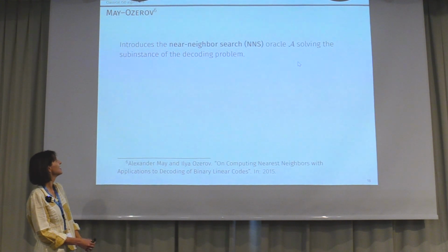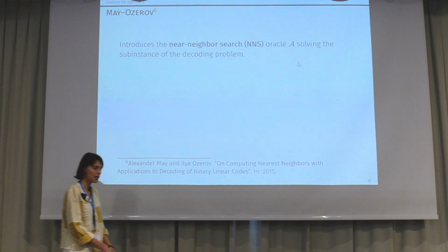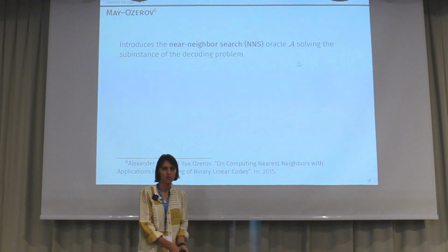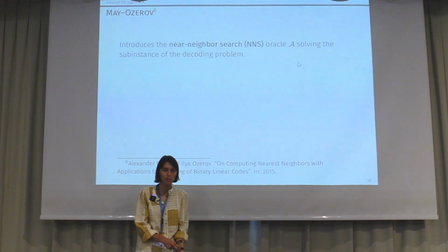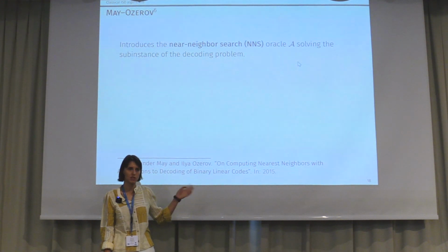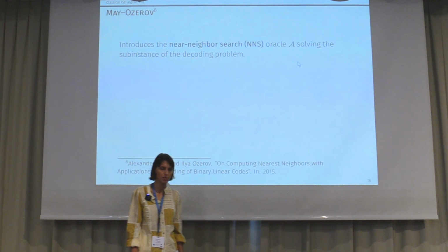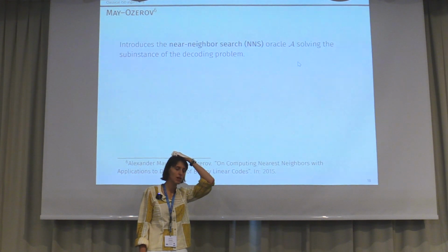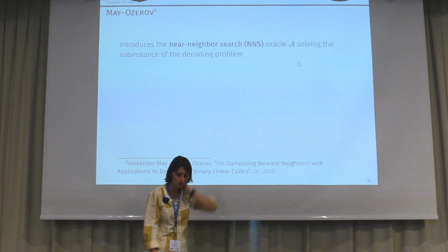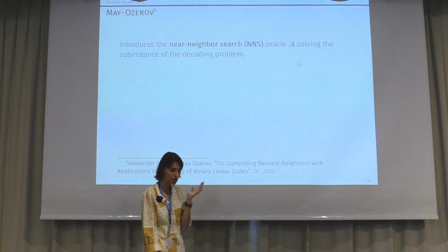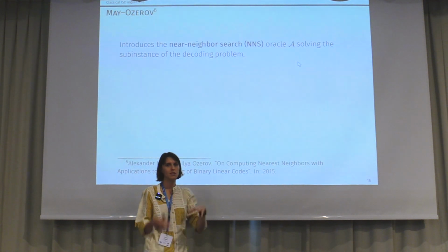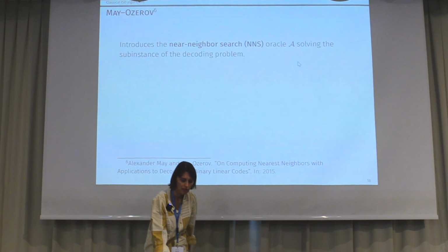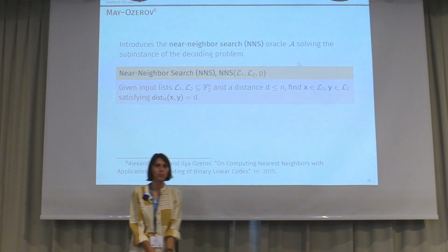One before the final technique that I'm going to talk about today is the near neighbor search, where we use near neighbor search for solving the sub-instance of the problem. It's again combined with some of the previous techniques, and especially in the paper by May and Ozerov, it was combined with Stern-Dumer as well as BGMM. What we are trying to do here, within solving our sub-instance of the problem, is implement another subroutine that solves the following problem.